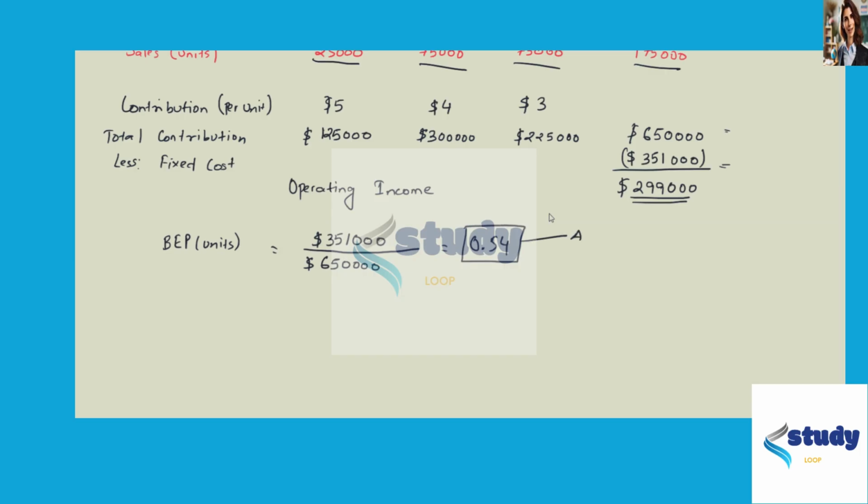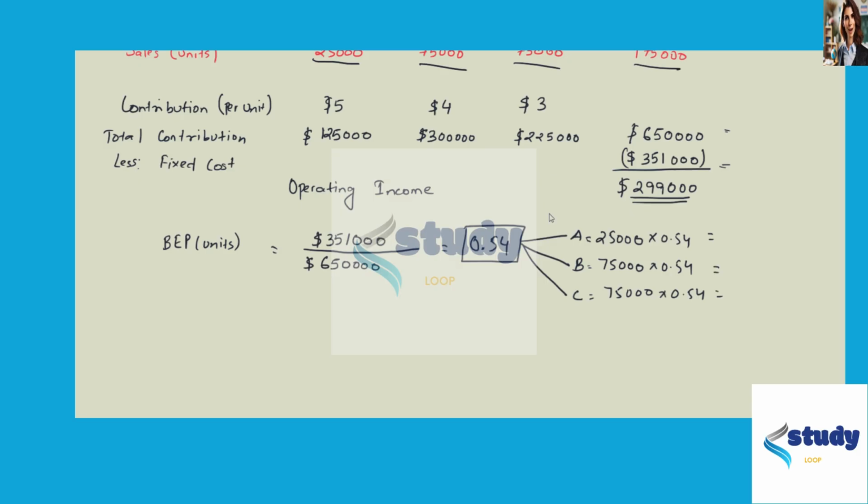So for A, B and C, for A, number of units we are having is 25,000, for B it's 75,000, and for C is also 75,000. And if we multiply this with the 0.54, then we will be having our break even unit.